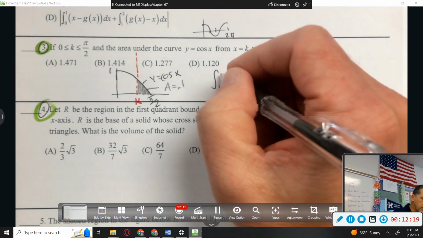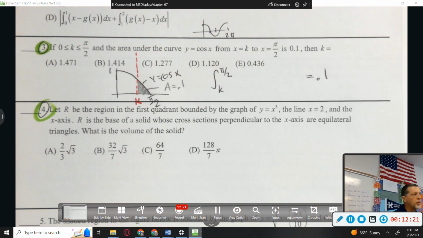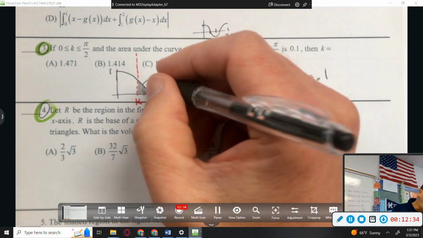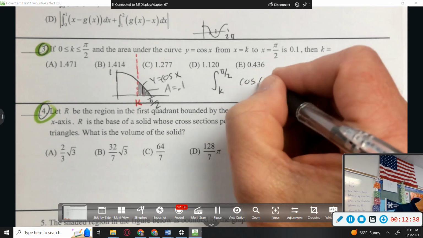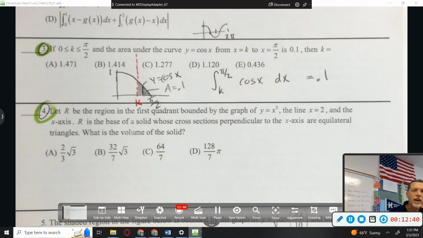K to pi over 2, which means this is not going to be a calculator problem, because I got to figure out what k is. Oh, unless I plug in all of those and see which one gives me 0.1. Nothing wrong with that. And the heights that we're adding up are cosine of x dx.